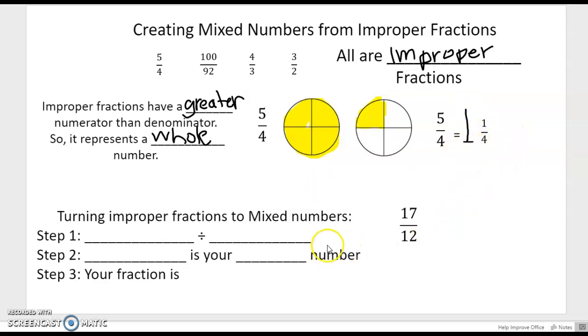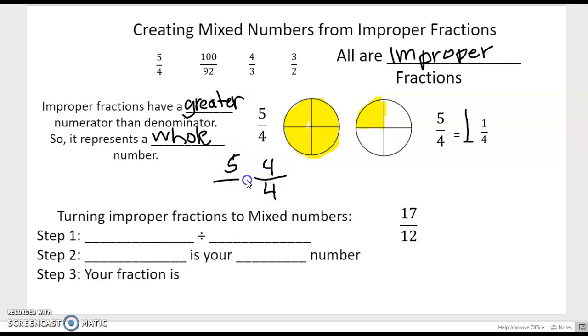So there's a couple different ways you can turn your improper fractions into mixed numbers mathematically. One way is to look at our fraction and to understand, well, if I have 5/4, then I know that it would take 4/4 to create a whole.